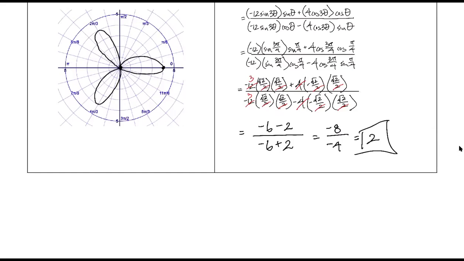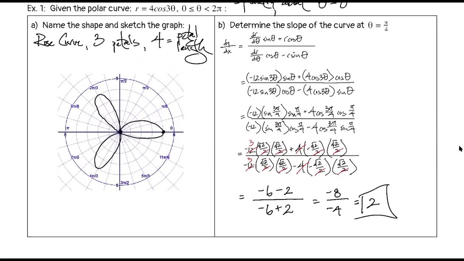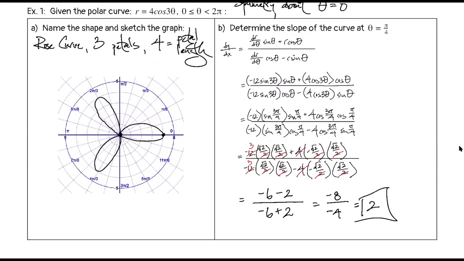So what that means is, if I had drawn my diagram a lot more carefully, if I go to pi over 4, wherever that point is, if I were to draw a tangent line, the slope of that tangent line would be 2. That's what we found. Okay. All right. Any questions on example number 1?